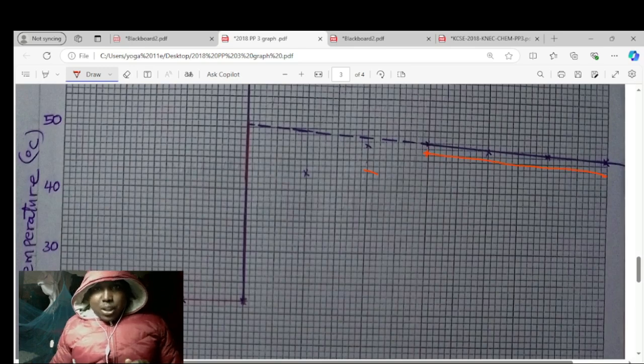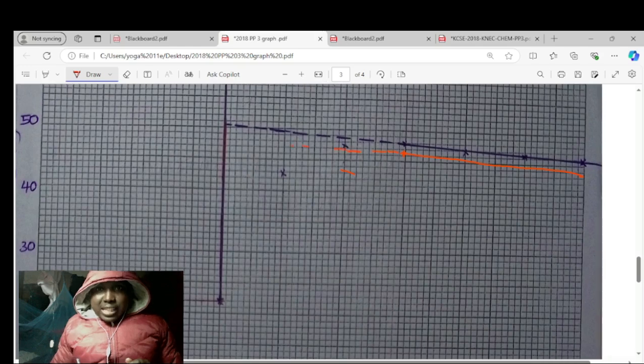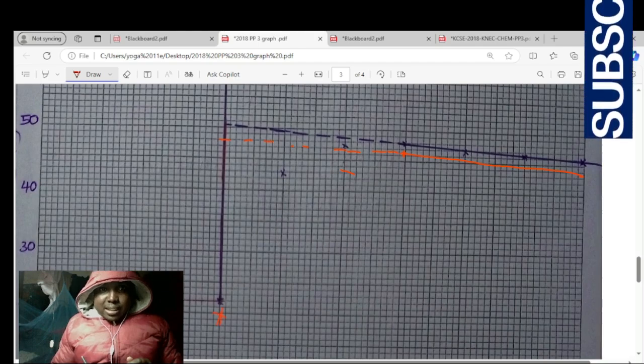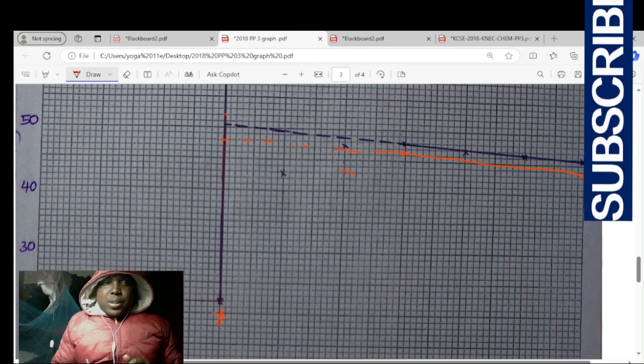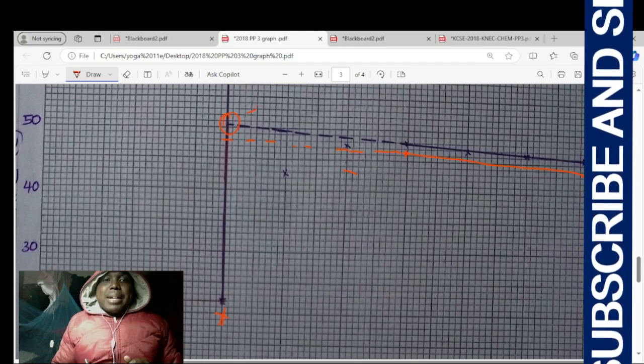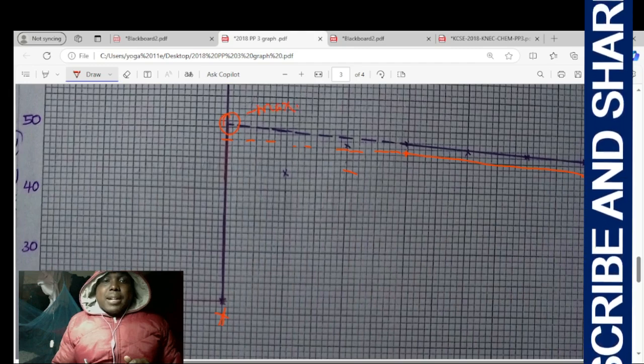You extrapolate using dots this line to our X. Remember here we have X, that is the reference point. At this point here, this is where we have the maximum temperature.